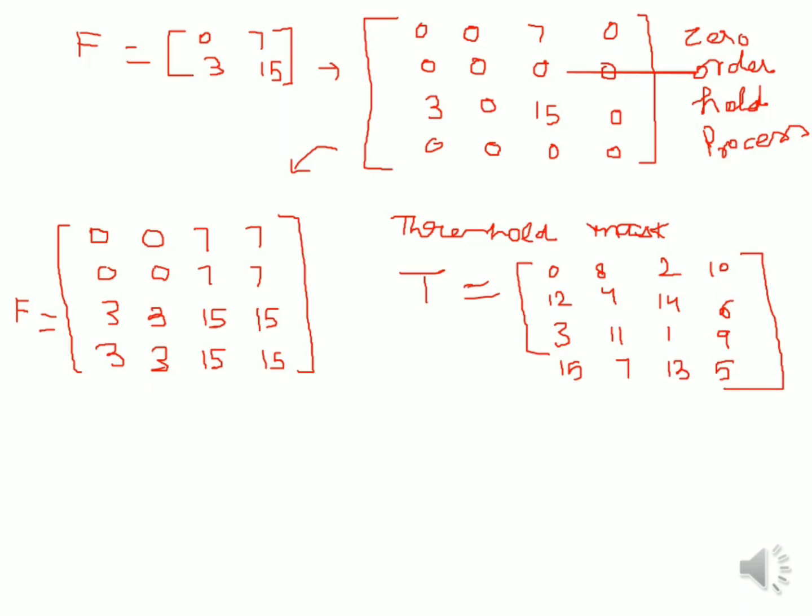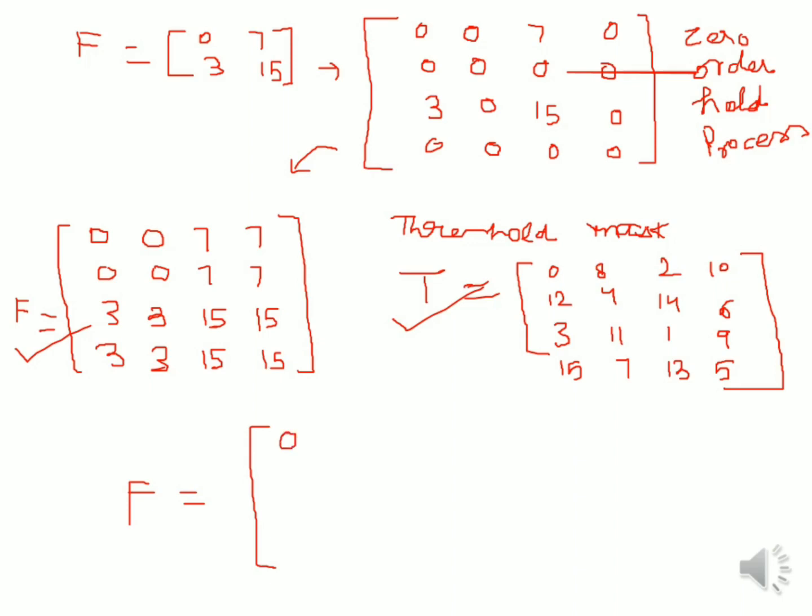Now you have input image, you have threshold mask. Now input image is being compared with the threshold mask. If the image pixel value is less than the corresponding entry in the threshold mask, the resultant matrix will have 0. Otherwise, if the value of the enlarged image is greater than or equal to the threshold matrix, then it will be represented as 1. Since in this case the first pixel value is already 0, you can write it as 0.